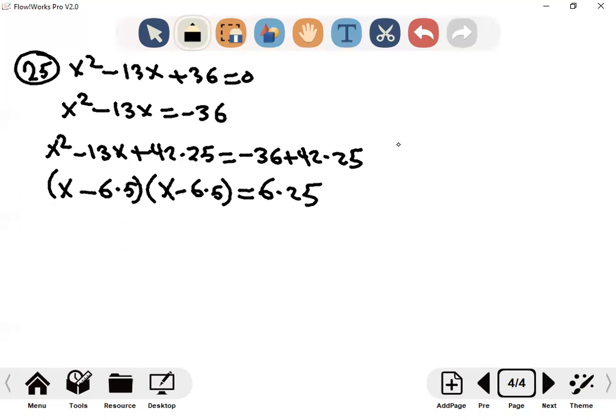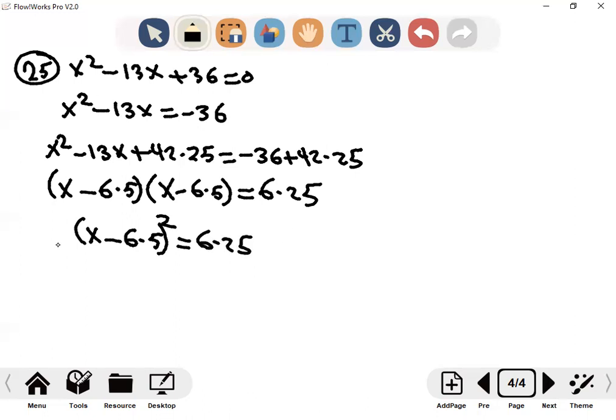Now check. 6.5 multiply 6.5, negative 6.5 plus negative 6.5, negative 13. Okay. Now this power 2, x minus 6.5 all power 2 equals 6.25.